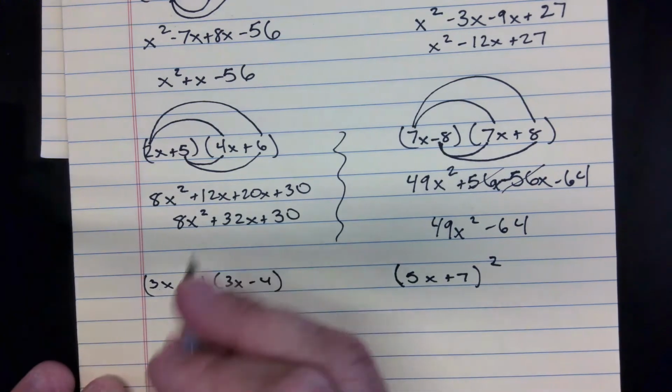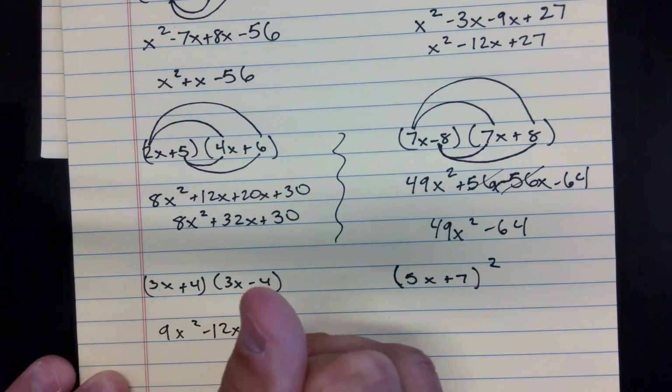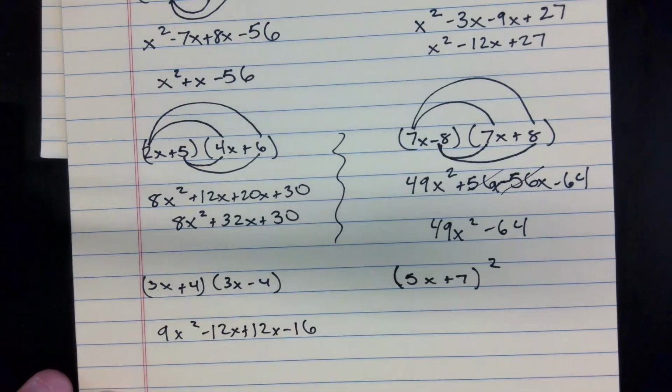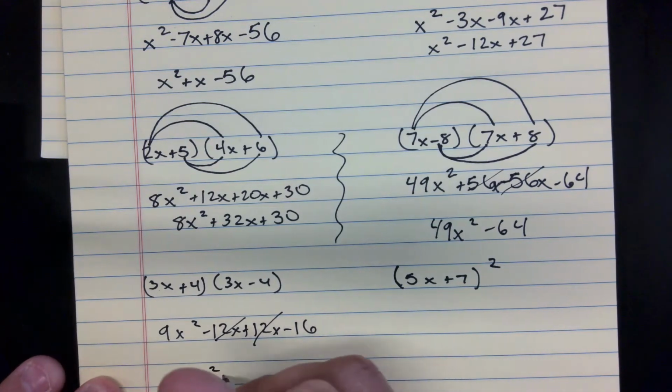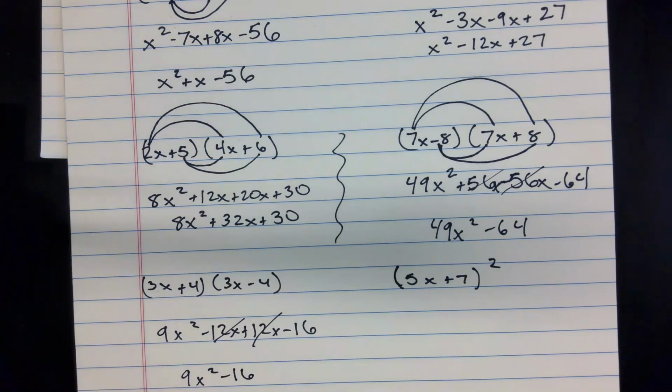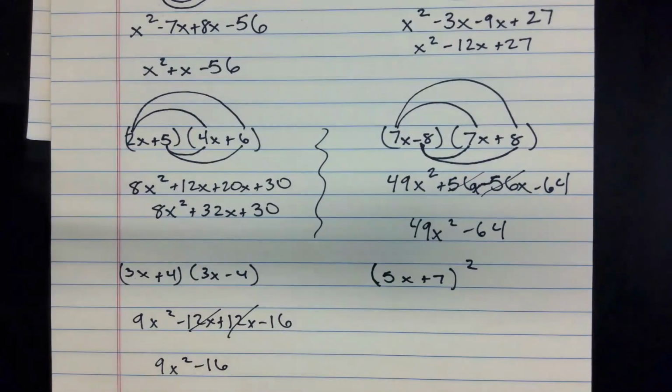Yeah. So I know when I FOIL these, the middle terms are going to cancel. So I'm going to be left with that as your solution: 9x squared minus 16.